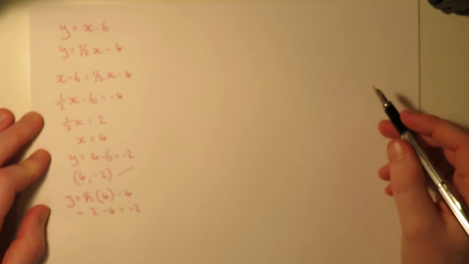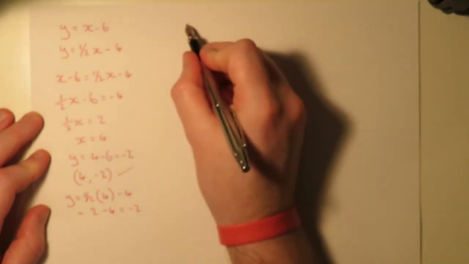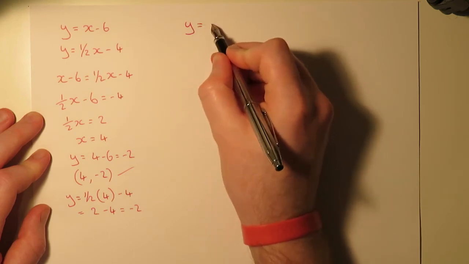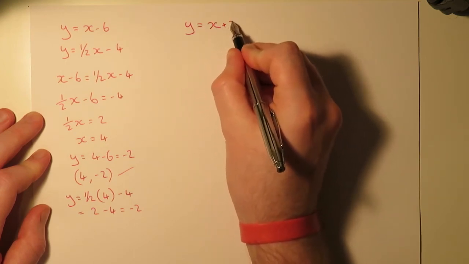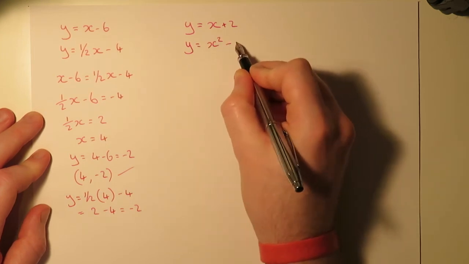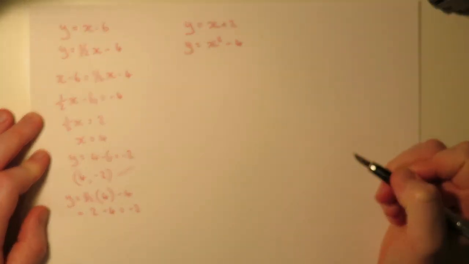Sometimes maybe you'll have something like y is equal to x plus 2 and y is equal to x squared minus 4. Okay, well you can still start this using the same approach. You can start by saying that this is equal to this. x plus 2 is equal to x squared minus 4.